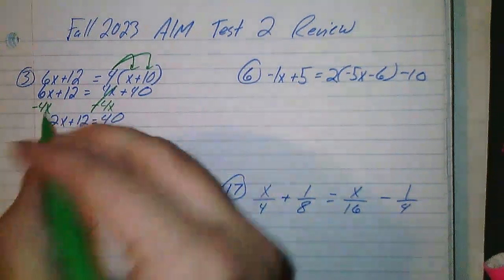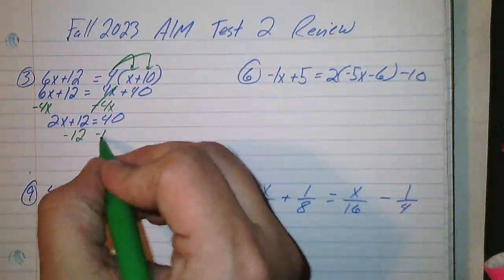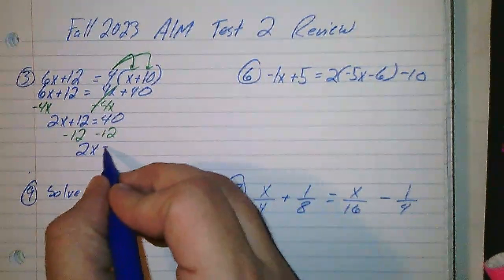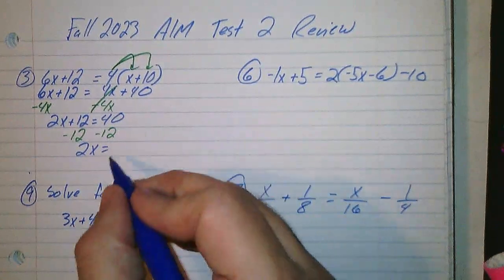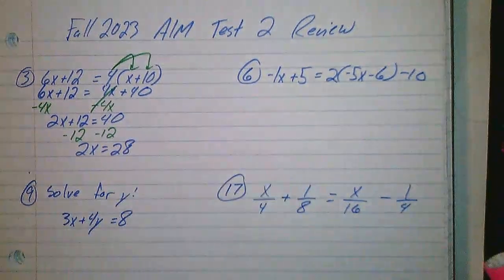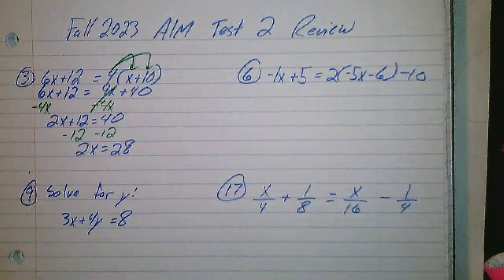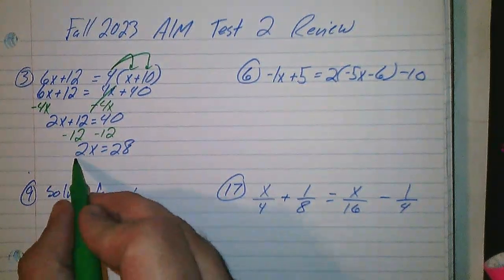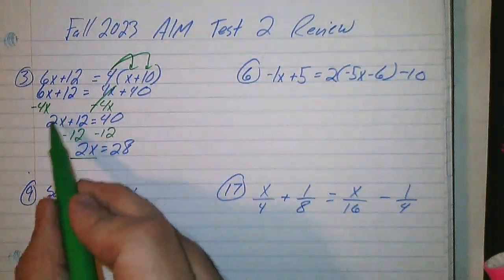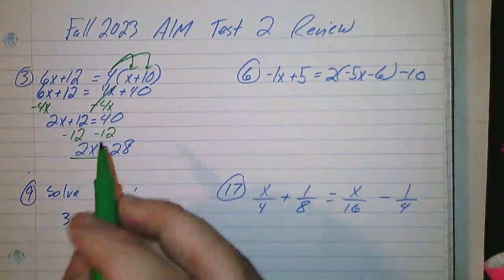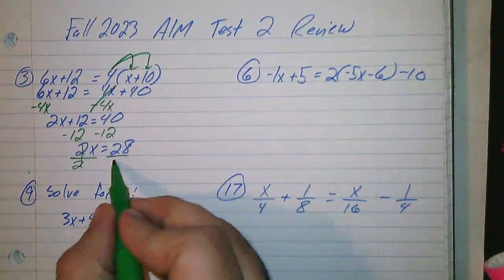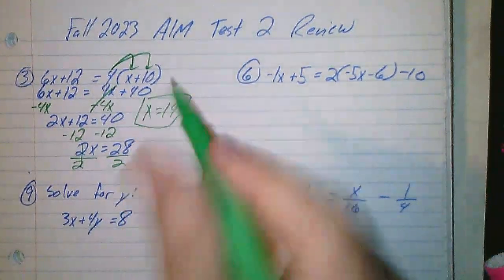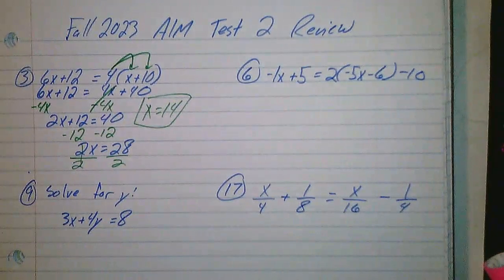And now I subtract 12 from both sides, so that 2x equals 28. Again, from here, don't divide out the coefficient until your last step. Isolate the term with the x first, and then divide out the coefficient. So x equals 14.